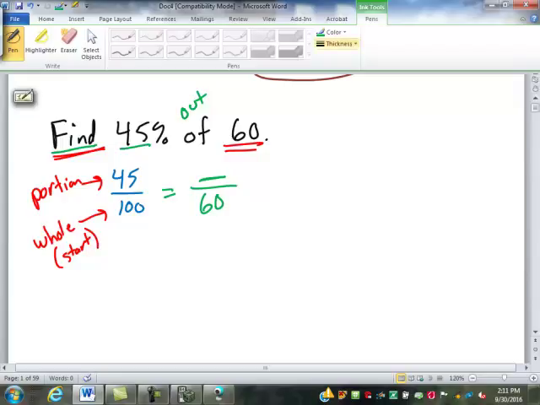So that goes on bottom. So now we can cross multiply and divide to find the missing number. What two numbers do we multiply here? Yep, 45 and 60. Good. What does that give us? Well, 2,700 first. Then we divide by 100 and it gives us 27. You're just a step ahead of me. Perfect. So we get the 27.